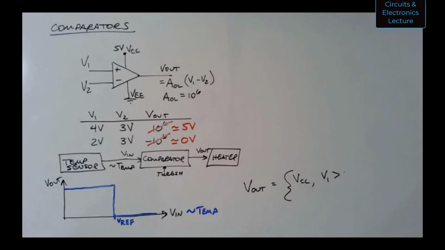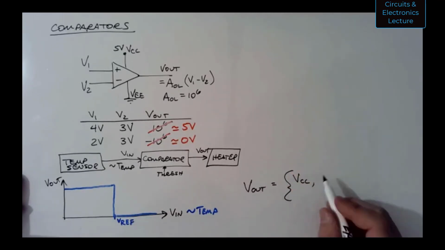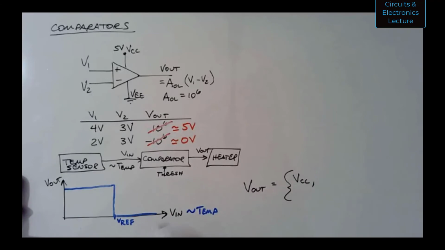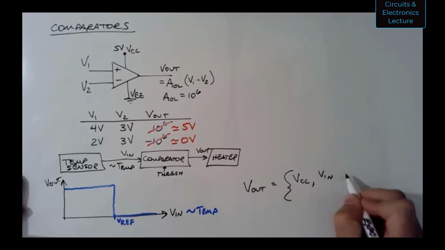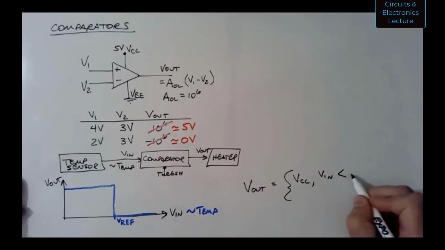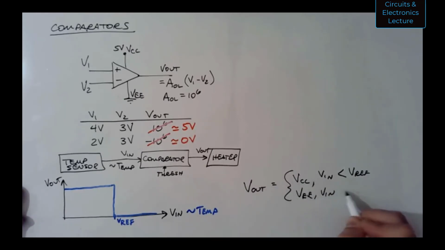We want to do the opposite here. Let's see. We want the output to be high when V in is less than Vref. And we want the output to be low, right, VEE, when V in is greater than Vref.